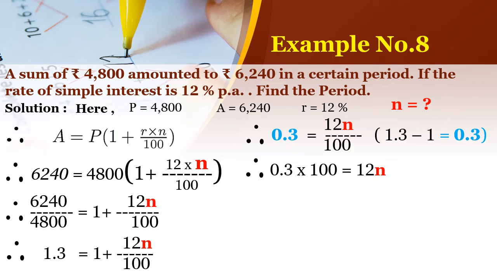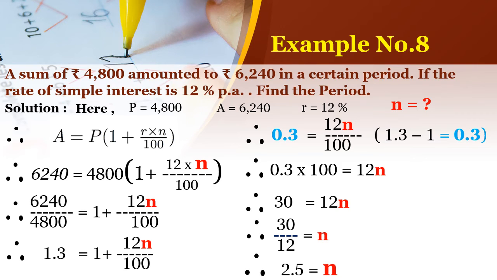So 0.3 into 100 is equal to 12n. So therefore 30 is equal to 12n. And then 30 upon 12 is equal to n. So we get here n is equal to 2.5. Therefore thus the period is 2.5 years.